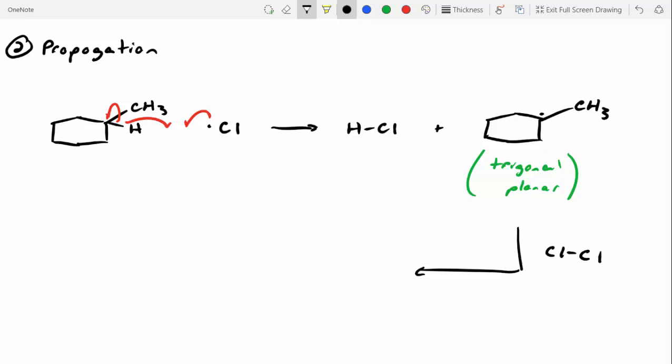So in that initiation step, we only cleave some of the chlorine that was around in solution. We still have other chlorine that's covalently bound. So this radical can come grab an electron from the sigma bond in the chlorine, and then we can reform that chlorine radical. That's why it's propagated.